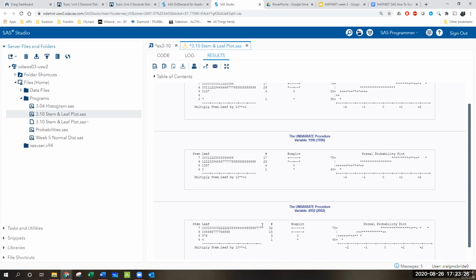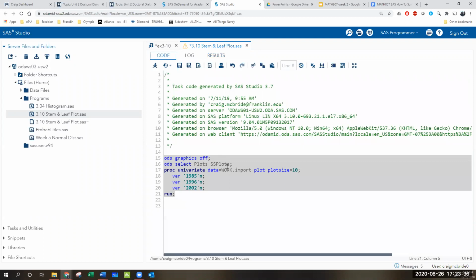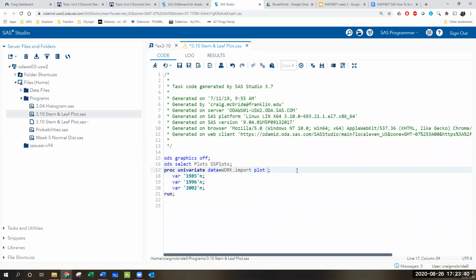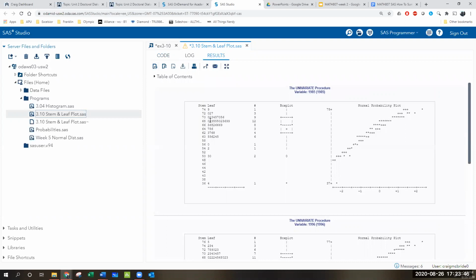SAS kind of said, well, let's break it up and let's look at classes of 30s, 40s, 50s, 60s, and 70s. So if we take this away and run it, see how it's 70 and then 72.